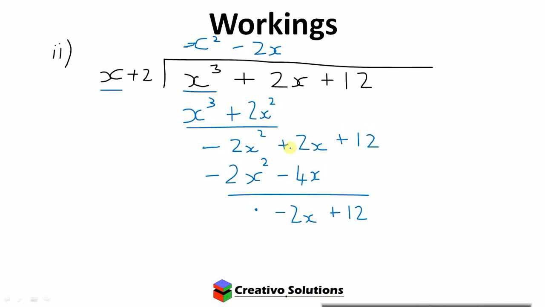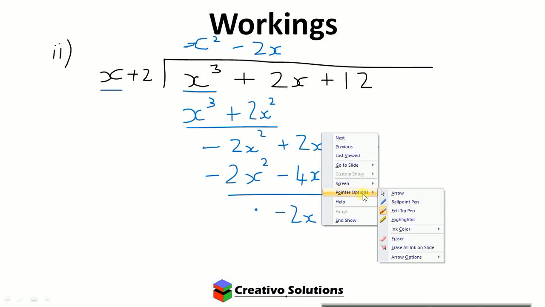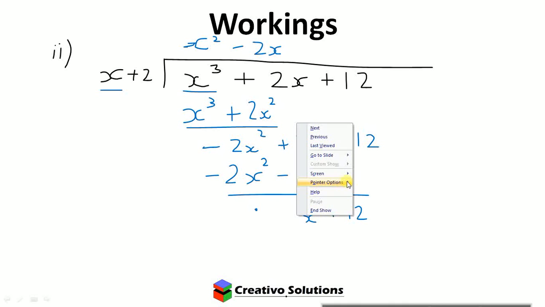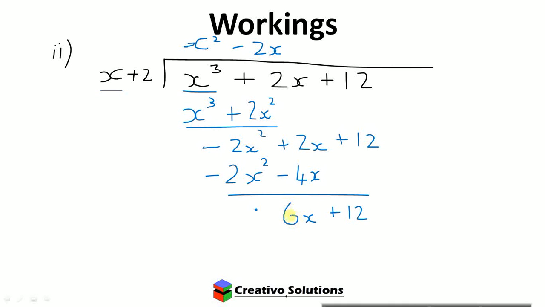Then 2 minus minus 4 is plus 6, so that needs to change. Now it'll work out. I could see it's not going to work out, so I went back and checked. I made a mistake. That needs to be a 6. That's better. Now everything's correct up until there.